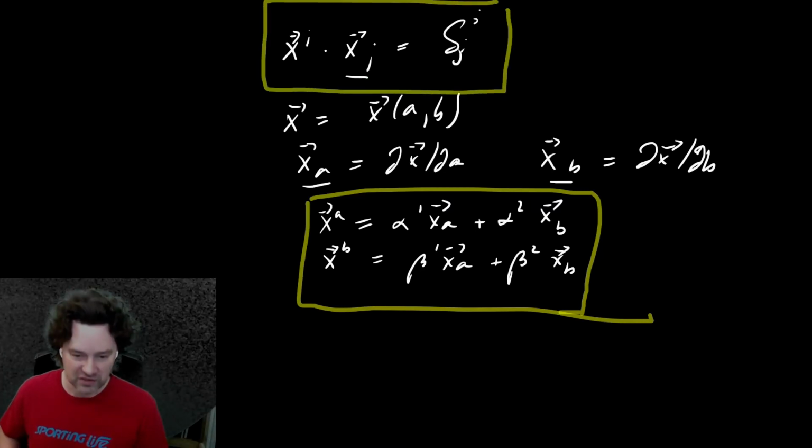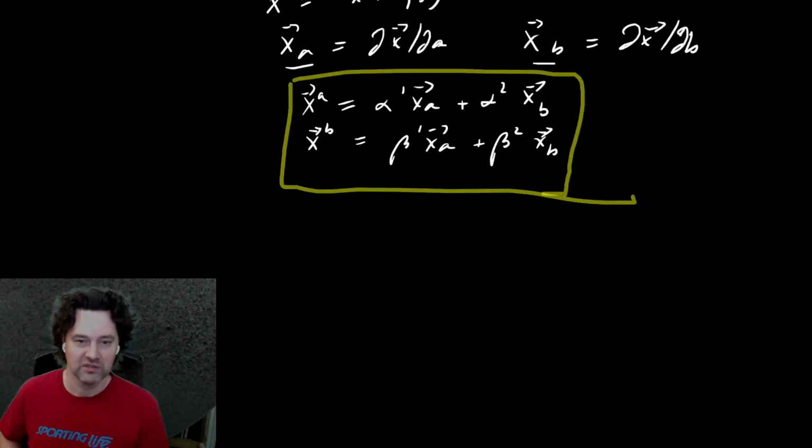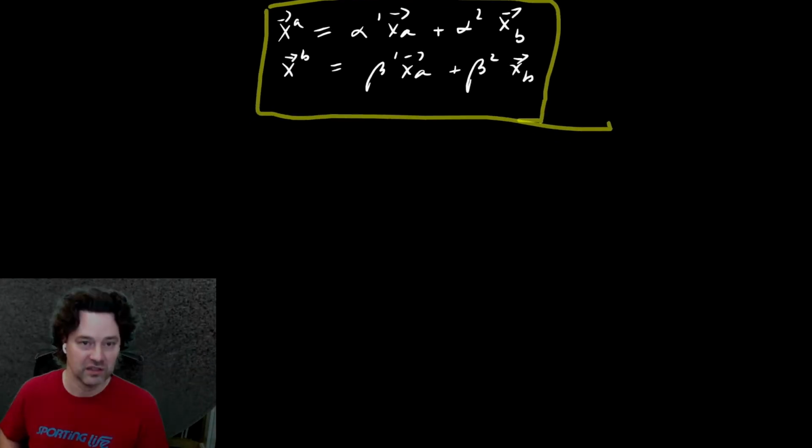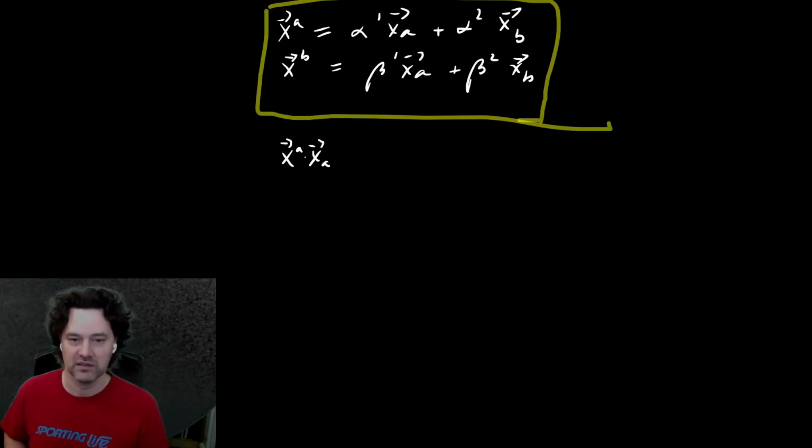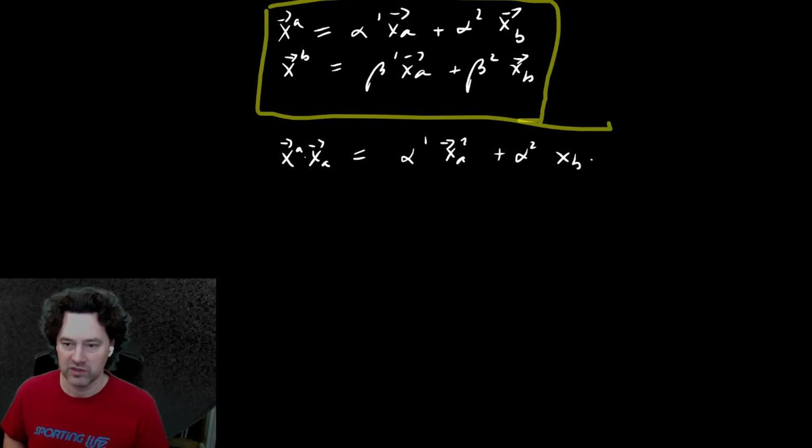To impose that constraint, we just form all the dot products. So we have x^a dotted with x_a, that will be alpha_1 x_a squared plus alpha_2 x_b dotted with x_a, and that equals 1.